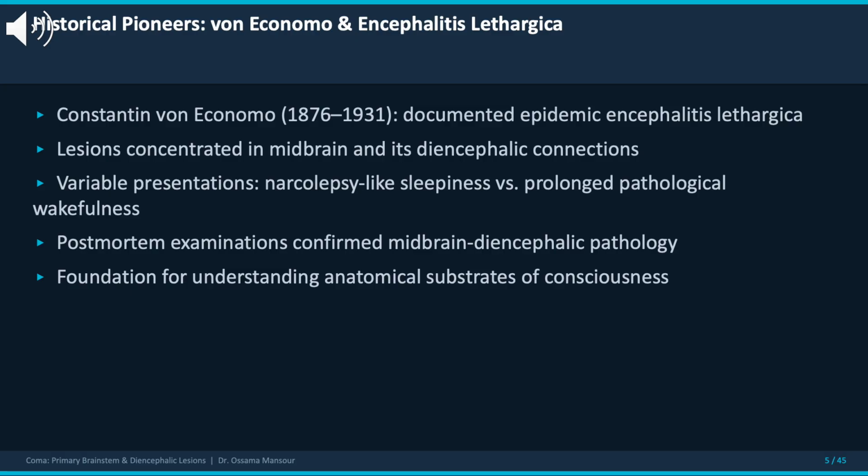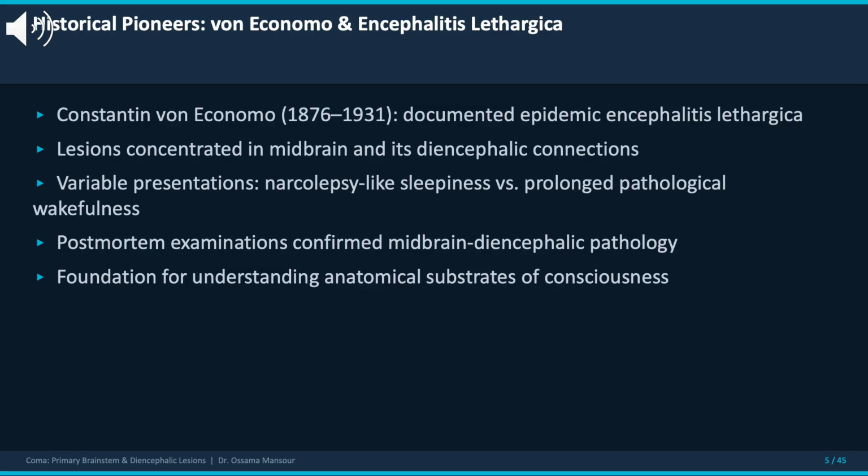Von Economo's critical contribution was his meticulous documentation of the clinical pathological correlations in these patients. He observed that patients afflicted with encephalitis lethargica had lesions concentrated in the midbrain and its connections to the diencephalon, findings confirmed through systematic post-mortem examinations.